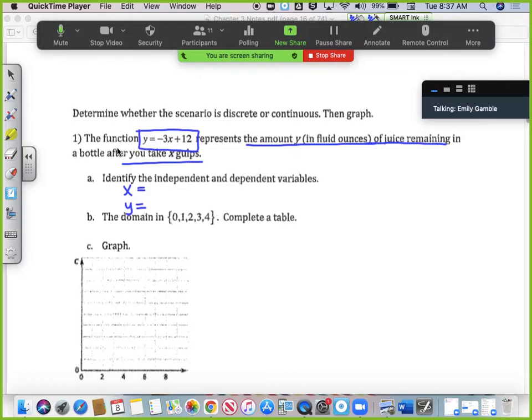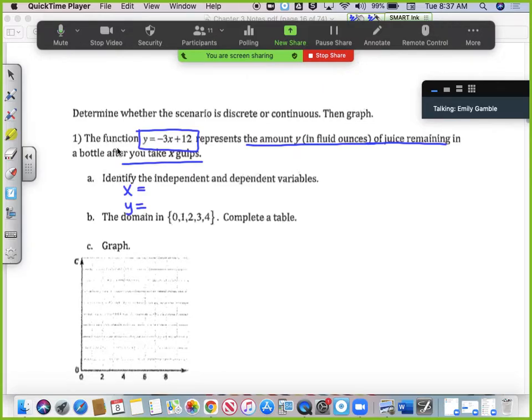I guess I can understand how you could twist it that way, because if you only have a certain amount, you might only be able to take a certain number of sips. But if you have a bottle of juice and you're taking sips of it, the amount that's remaining directly depends on how many sips you're taking. If you take the same little sip each time, what's left depends directly on how many sips you take.